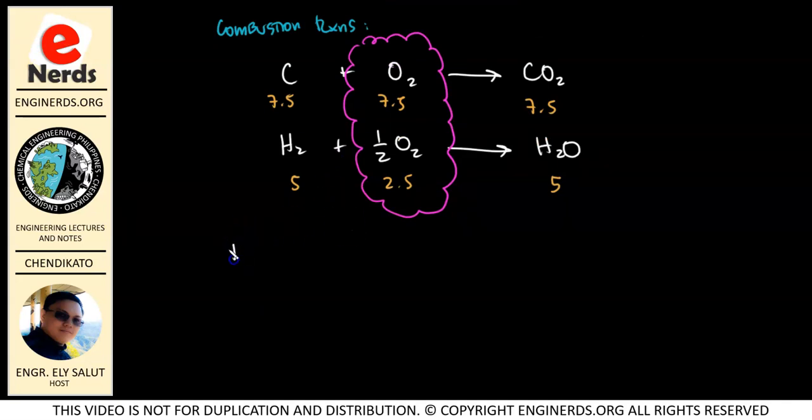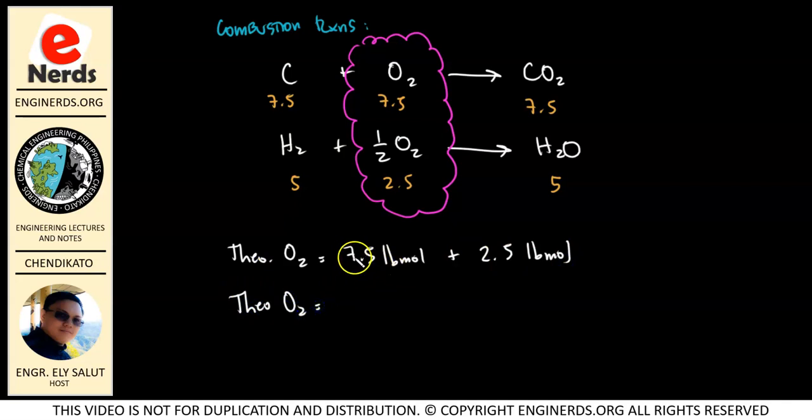So, our theoretical O2 is equal to 7.5 pound mole plus 2.5 pound mole. So, our theoretical O2 is equal to 7.5 plus 2.5, which is 10 pound mole of O2. Okay, so yan ang ating theoretical O2.